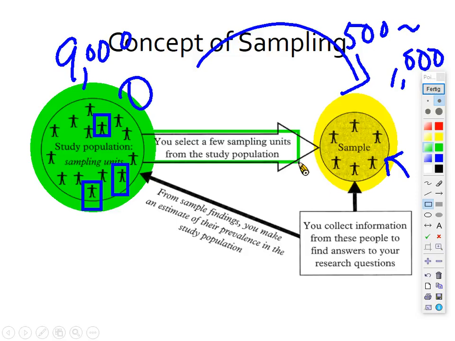Equal chance of being selected is a very important criteria. All else are non-random. If you devise a way to select a sample that provides each of the sampling units equal chance to be selected, then you are using a random sampling strategy. If it is not, you are not.